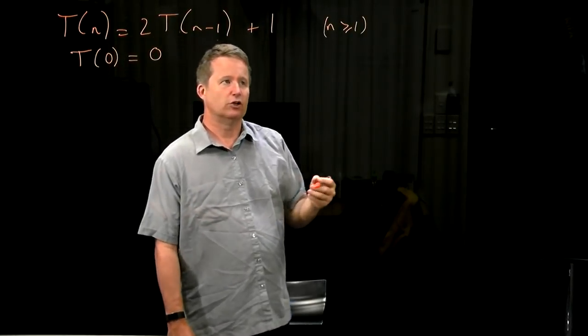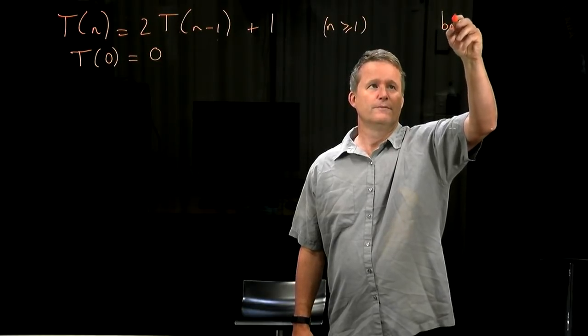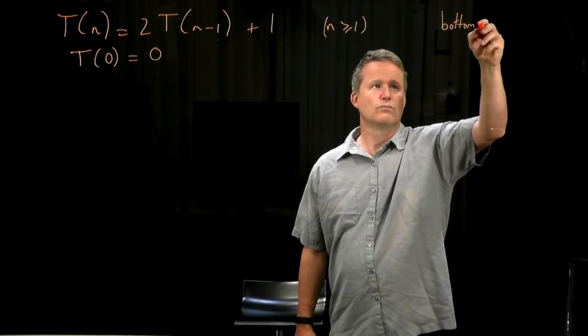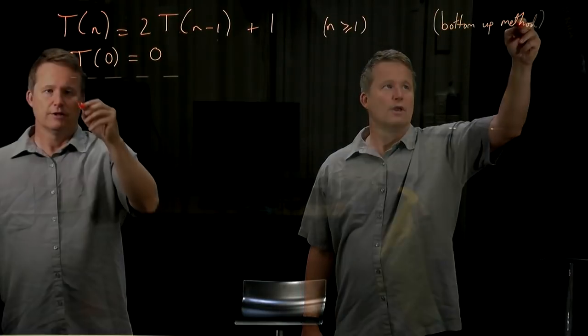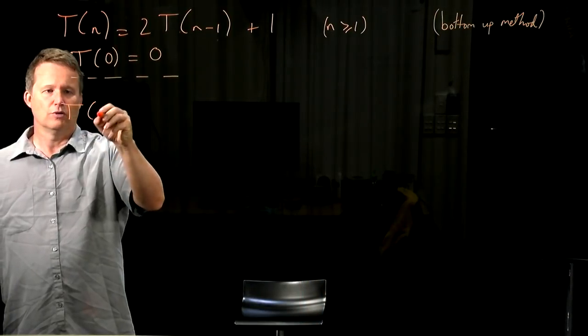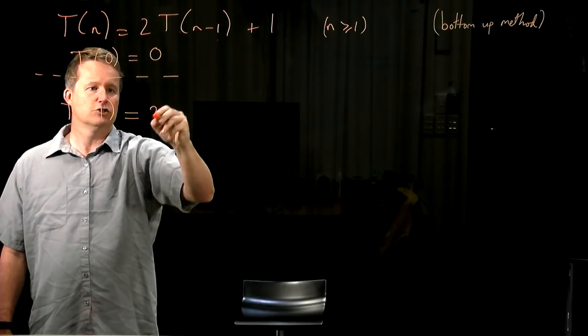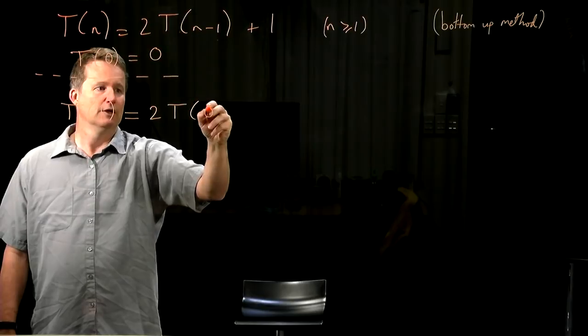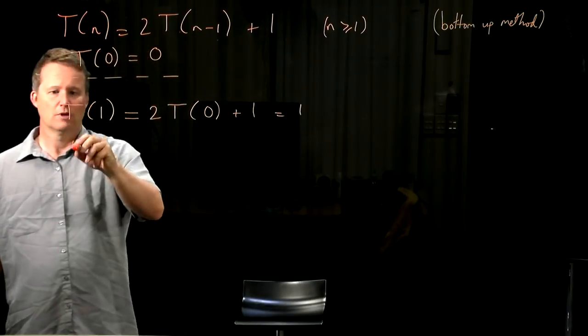So I'm first going to look at the bottom-up method. So we know that T of 0 is 0. T of 1 is 2T of 0 plus 1, which is 1.